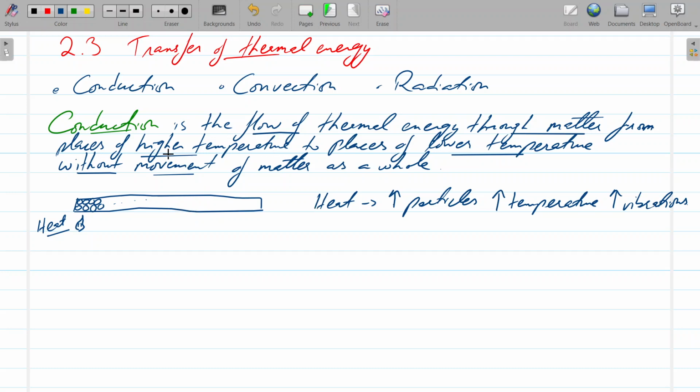And because it's happening from a region of higher temperature to lower temperature, before you heated this object, it was all at the same temperature, possibly room temperature, environmental temperature, whatever it was, but now you're providing heat.